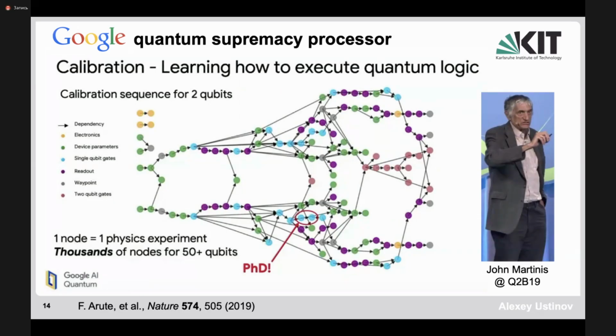Джон в качестве примера привел такую цепочку: сначала создается электроника, потом определяются параметры отдельных кубитов, затем определяются нюансы считывания, оптимальные точки считывания, затем выстраиваются двухкубитные вентили, это уже позже. И на каждом этапе это огромные трудные задачи. Он сказал, что, скажем, на одной из них была сделана кандидатская диссертация одним из его студентов.